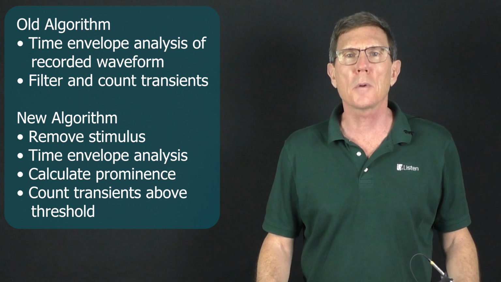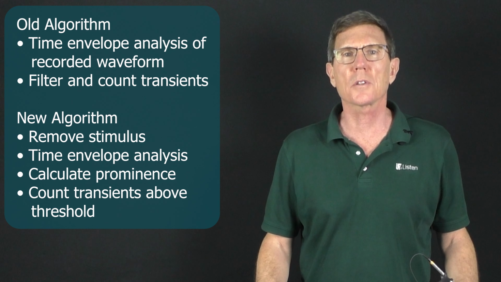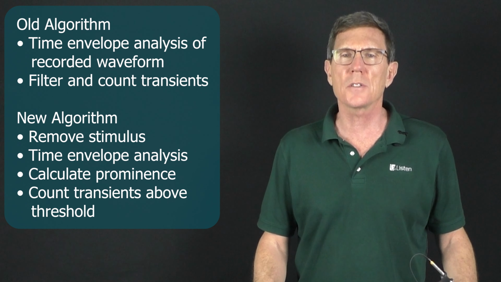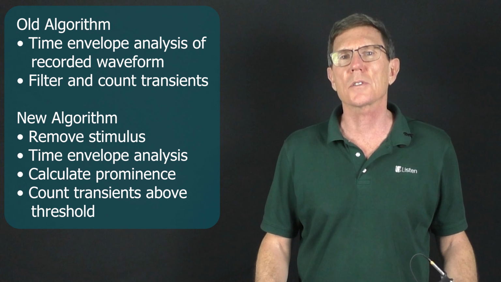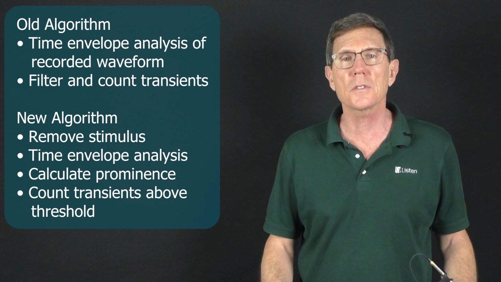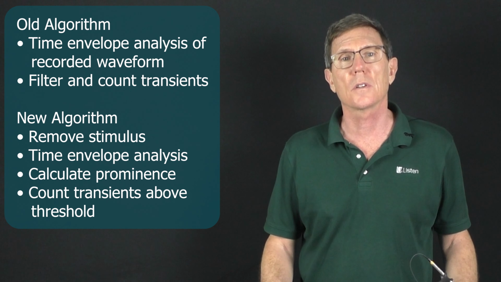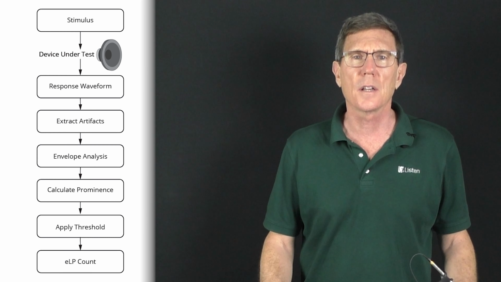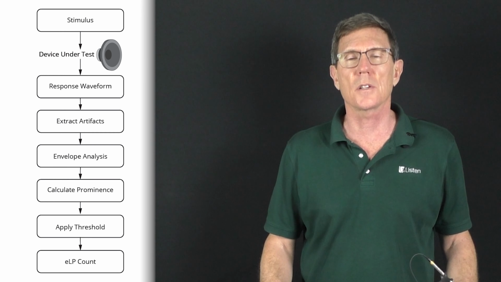The basic time envelope analysis method is similar to our old algorithm, but rather than filtering and counting transients, additional analysis is applied to measure the prominence or impulsiveness of the detected artifacts. Here's a schematic, and I'll talk through each of the stages.